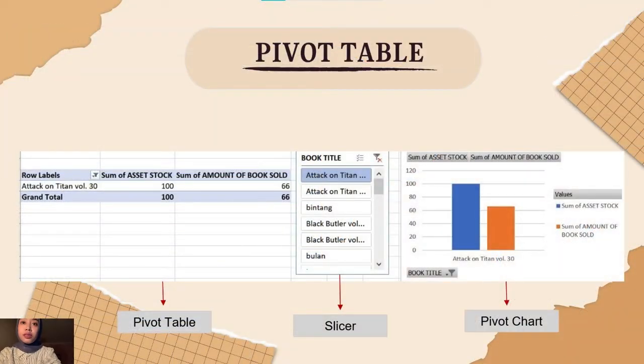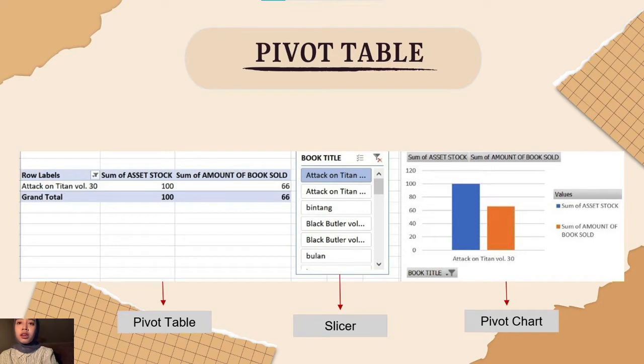Next is the pivot table. In the pivot table, there are row labels, sum of asset stock, sum of amount of book sold, and grand total. The function of the pivot table is to make data simpler, and there is a slicer. The function of the slicer is that we can choose any data and the data will show in the pivot table.